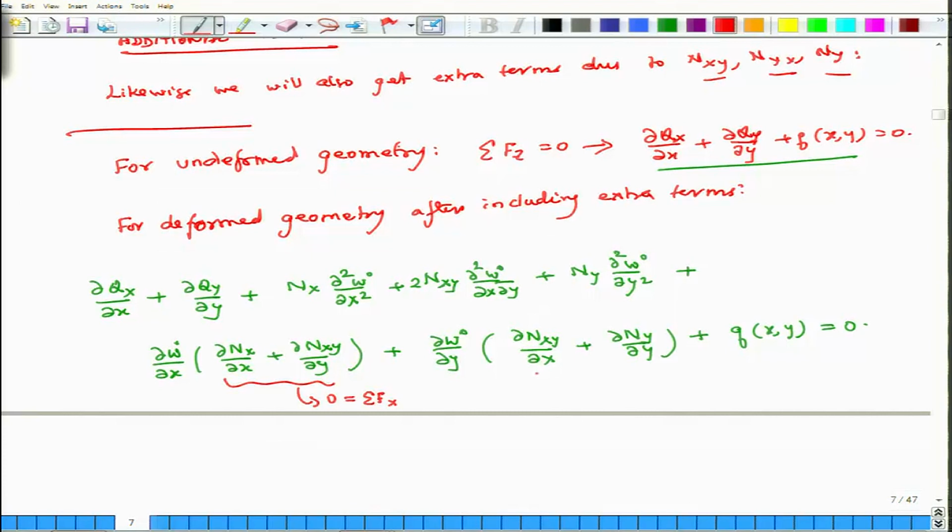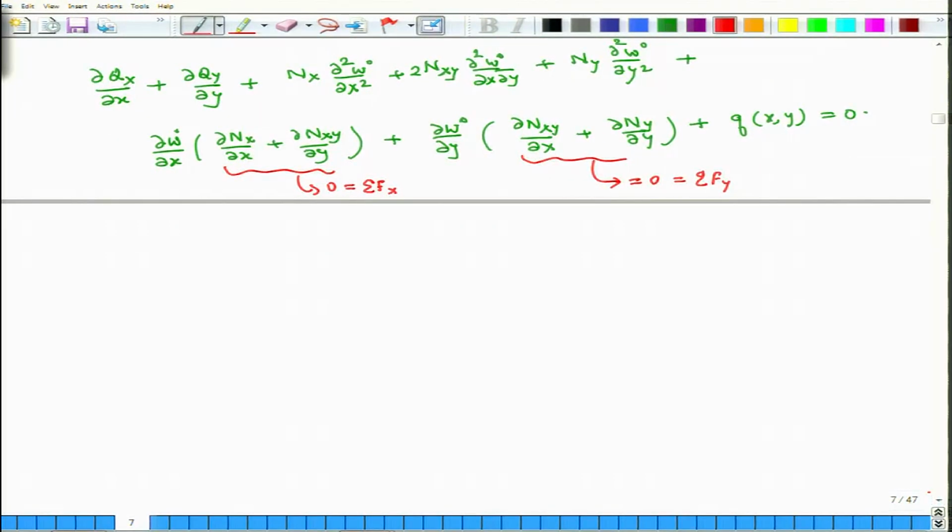So it has to be 0. Similarly, this term should be equal to 0 because of the second equilibrium equation, which is sum of forces in the y direction is equal to 0. Okay. So my final equation for the third direction is this guy.